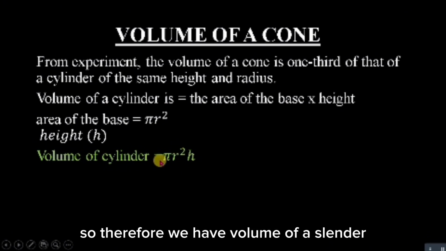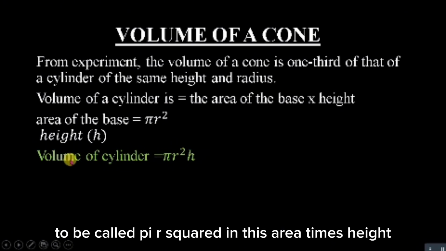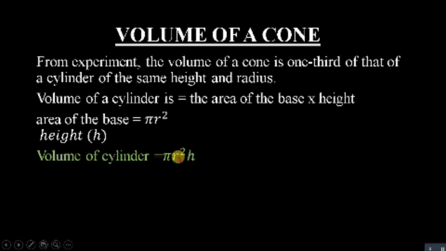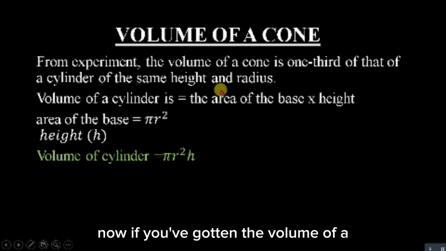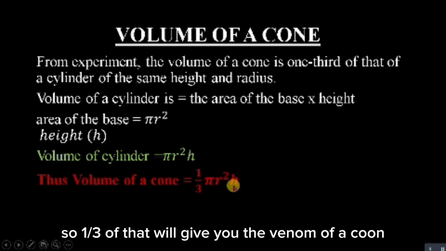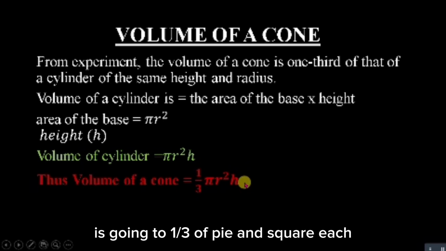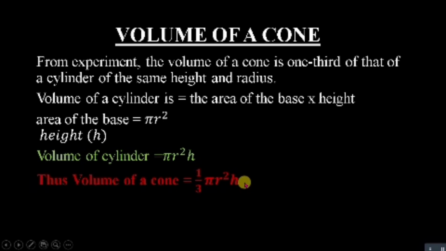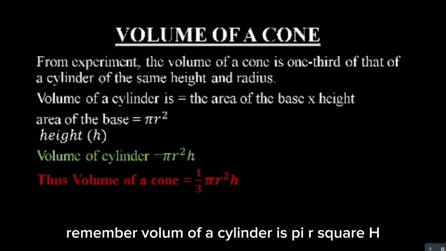Now, if you have gotten the volume of a cylinder, we said 1/3 of this will give me the volume of a cone. So the volume of a cone is equal to 1/3 of pi r squared h. Remember, the volume of a cylinder is pi r squared h. The volume of a cone is 1/3 of pi r squared h. Then you are good to go.